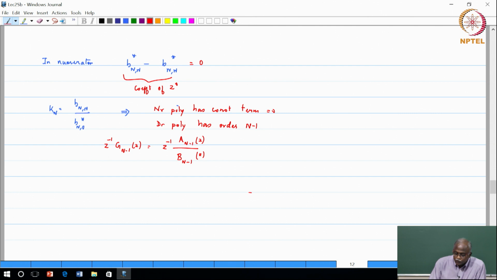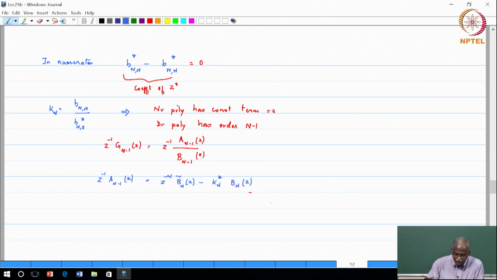Okay. So, now please go back and verify that z inverse a n minus 1 of z from the expression is actually equal to z power minus n b n tilde of z minus k n star b n of z.